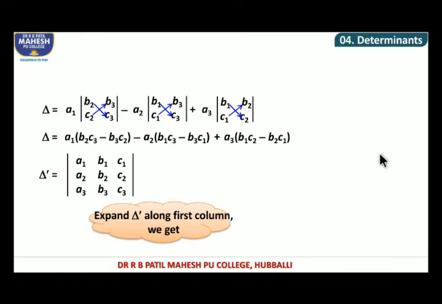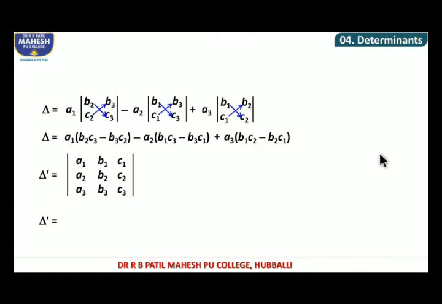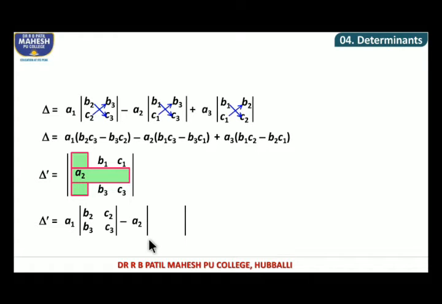So we will get delta dash is equal to, so the signs for this first column are plus, minus, plus, right? Therefore, here a1 into the determinant b2, c2, b3, c3. Next, minus sign for the second element, so minus a2 into the determinant b1, c1, b3, c3.